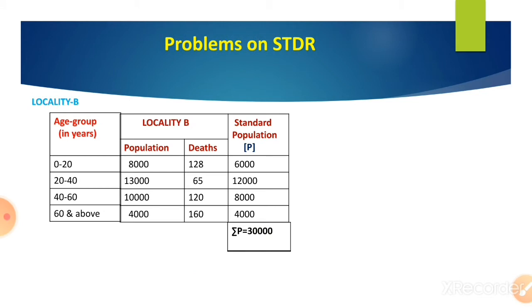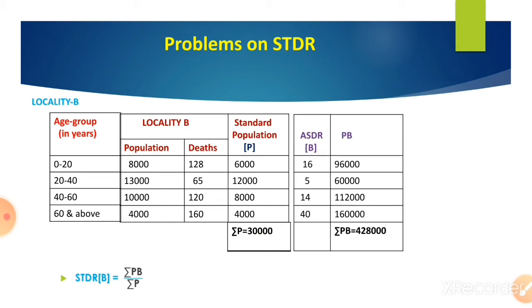Let us solve locality B. Locality B has age group, population and deaths. The standard population is the same for locality A and locality B. Again we know the formula of STDR of locality B is summation PB upon summation P. To find the STDR, first we have to calculate ASDR values. ASDR of 0 to 20 is 128 divided by 8000 into 1000, which is 16.